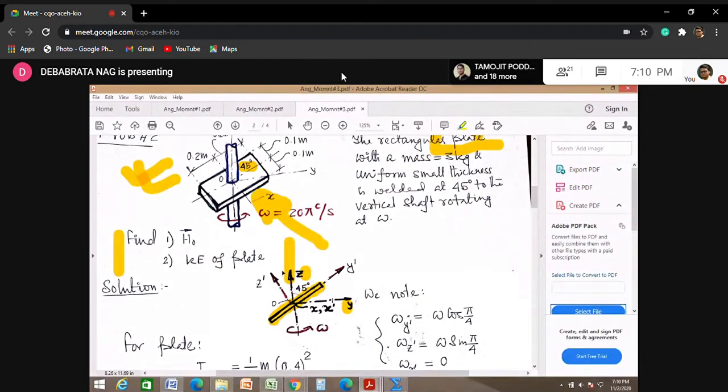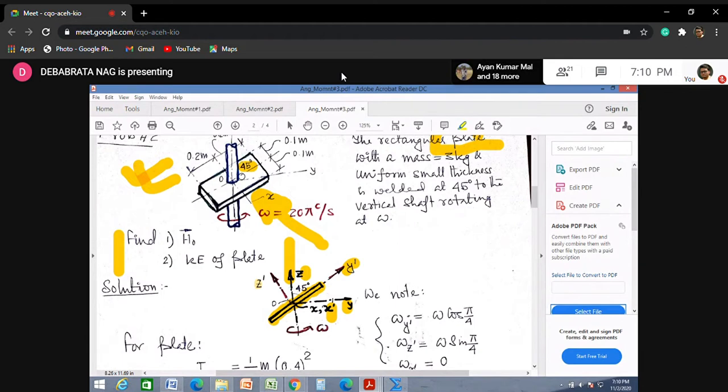About those axes, the inertia terms are not known. So I fix up a coordinate system x dash, y dash, z dash, correct? These are the three coordinates, and I fix them at point O to the plate itself.